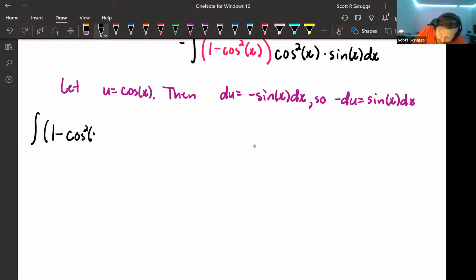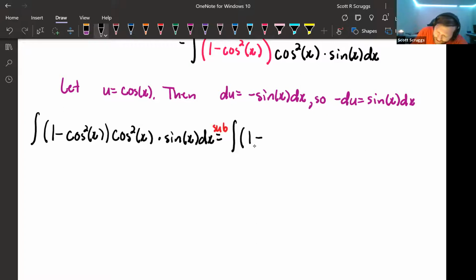So the original problem that I had originally, what I'm going to get after subbing is the integral of 1 minus u squared, as I now have u to be cosine, times another u squared for that cosine squared, times negative du.